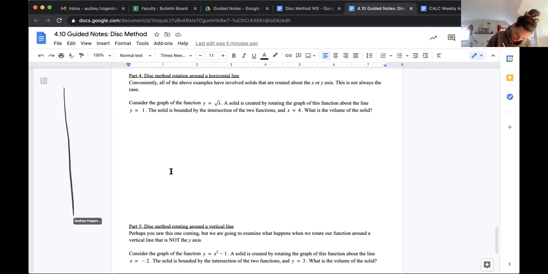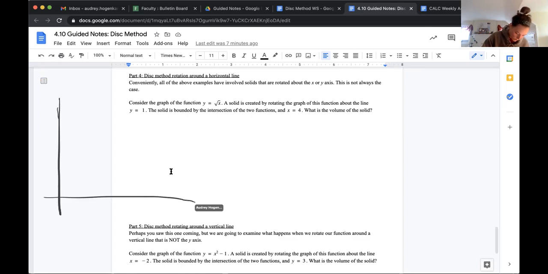So let's start with a good picture. I don't like those axes, so I'm going to try again. Okay, there we go. So y equals the square root of x is going to be in blue and look like that. Then we also have the line y equals 1, which I'm going to draw in green, like this.